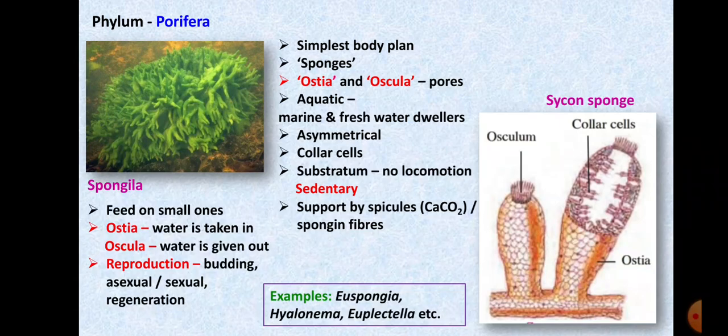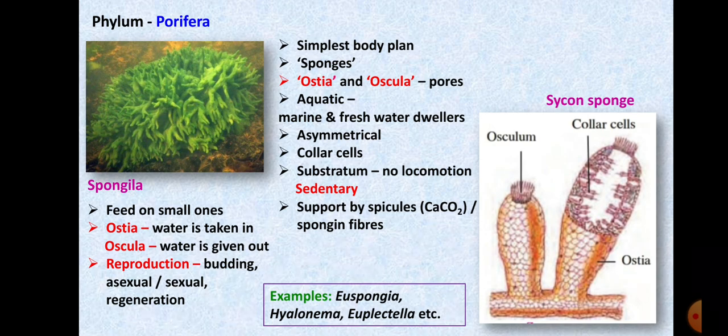Now their body plan is very simple, that is their body makeup is very simple. These are called sponges. Now they will have a huge number of pores on their body, hence Porifera phylum. These pores are called ostia and oscula.